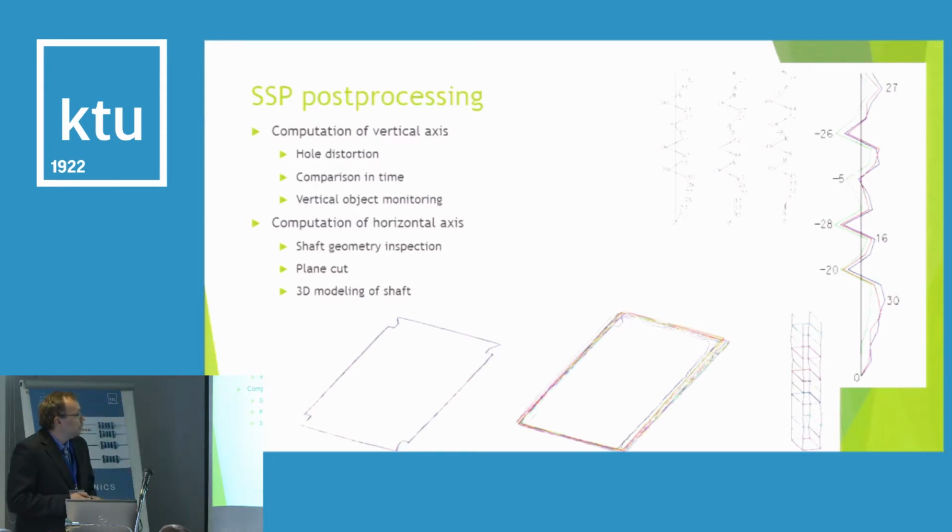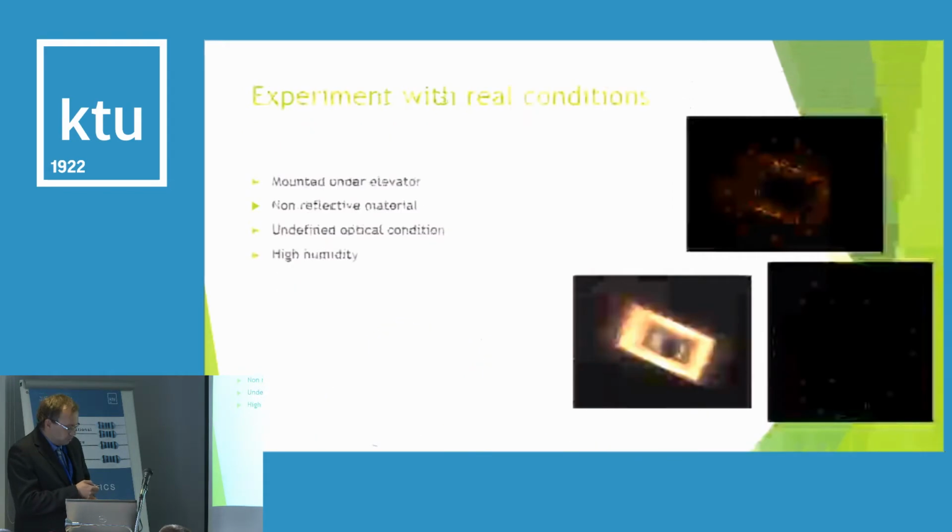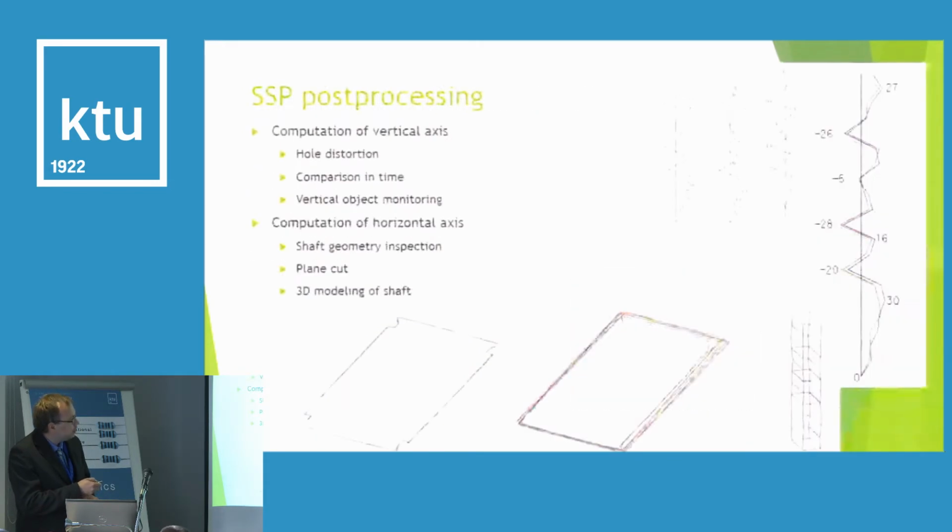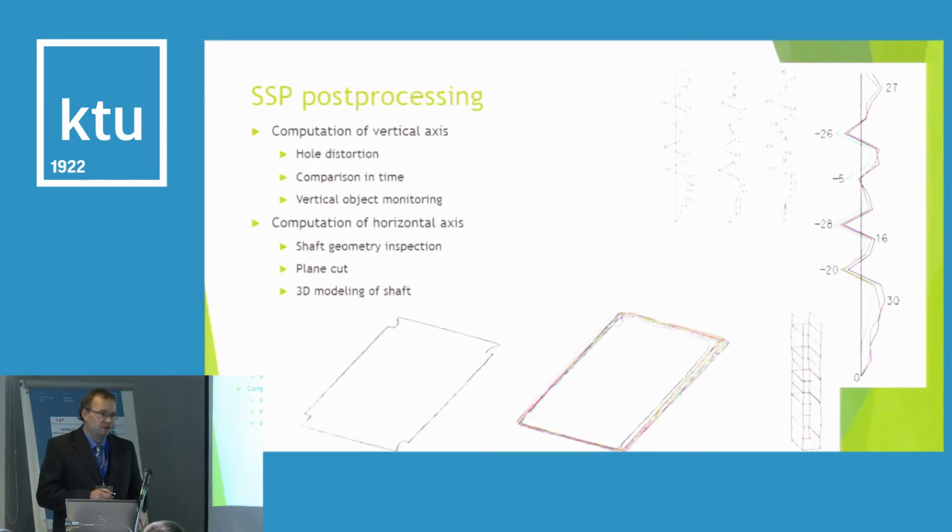So if this geometry is not within some tolerance, it's a problem, because the lift in the shaft could break, or could get stuck somewhere, or it could be dangerous for the people and for the technology too.